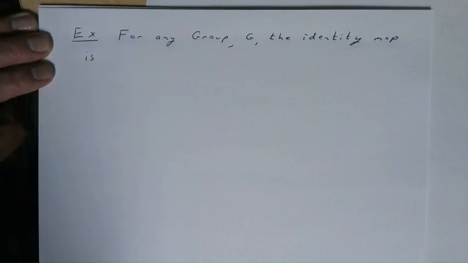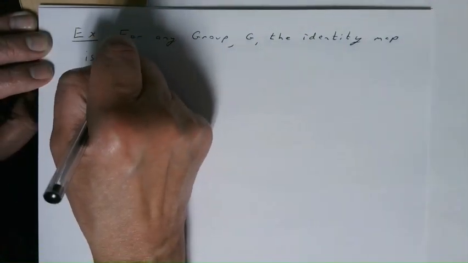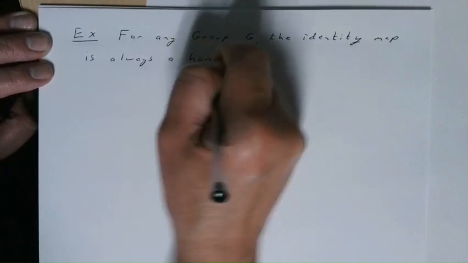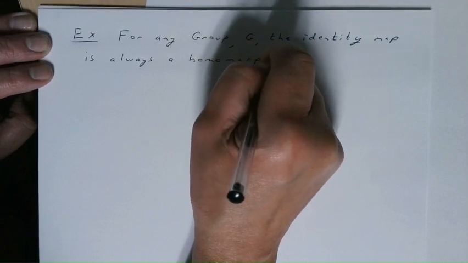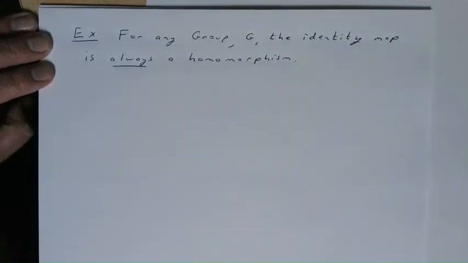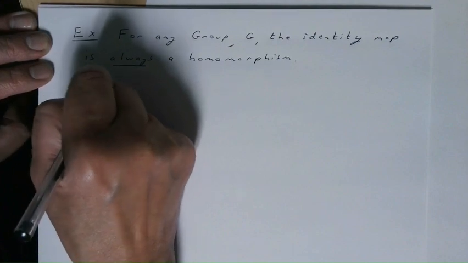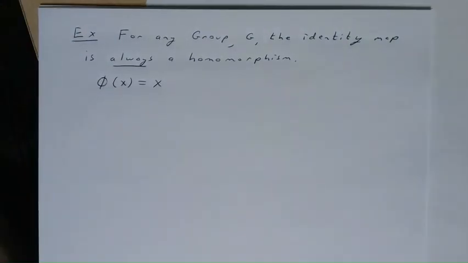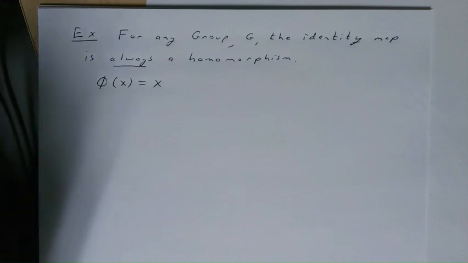Another example: for any group G, the identity map is always a homomorphism. Remember, the identity map would be, let's say you had phi of x is equal to x. You put x in your function and x comes out. And of course, we can test this.